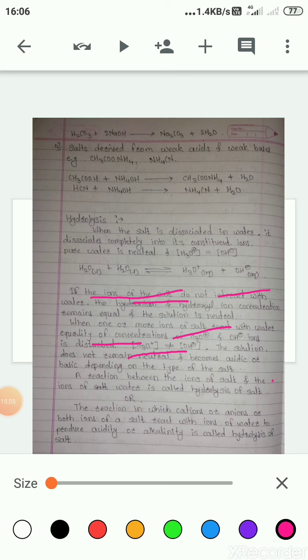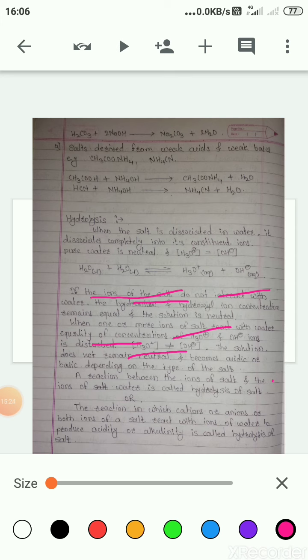Once again, remember here, when the pure water is dissociated, it forms hydronium ion and OH minus ion. And for the pure water, the concentration of hydronium ion and OH minus ion is equal.